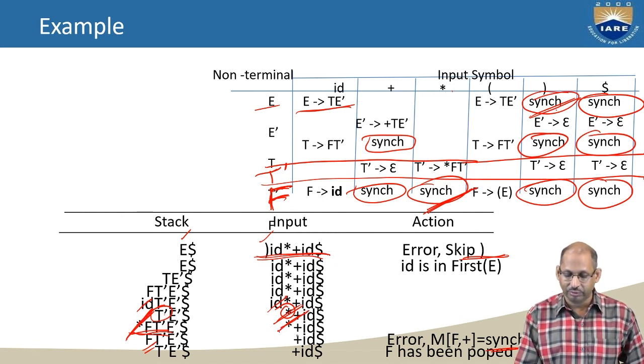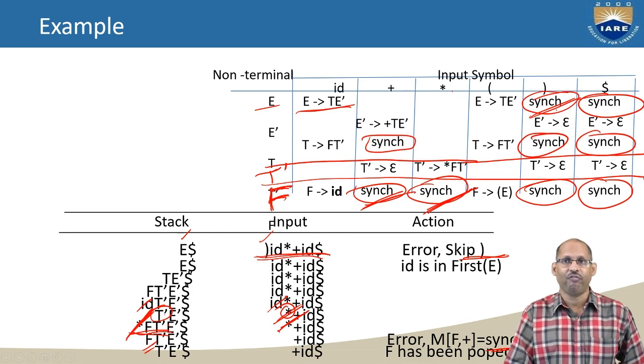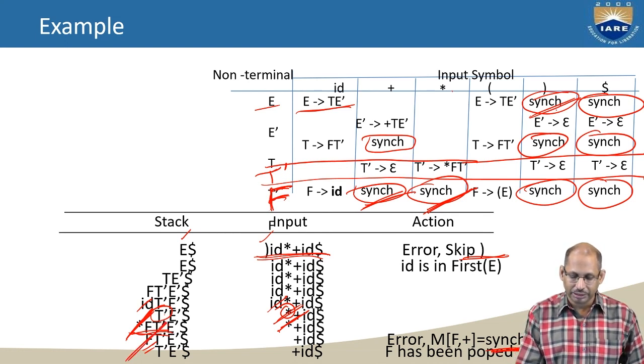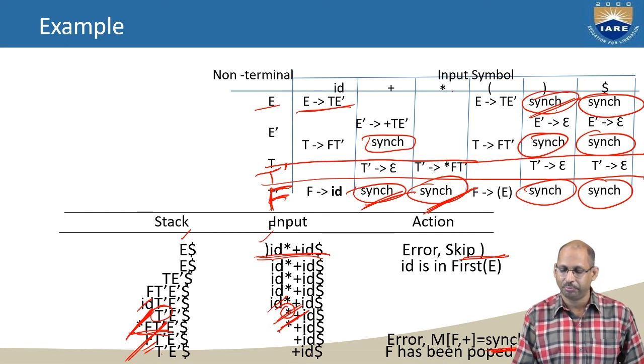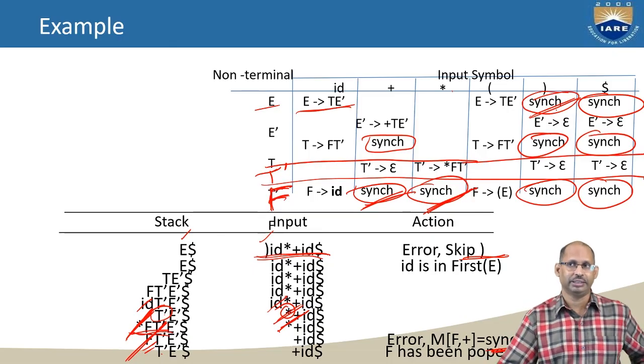Then F and plus: here we are indicating synchronize. F and plus indicate the synchronize. So simply we pop this F and we continue with the T dash and plus, and we continue the steps to complete the parsing.